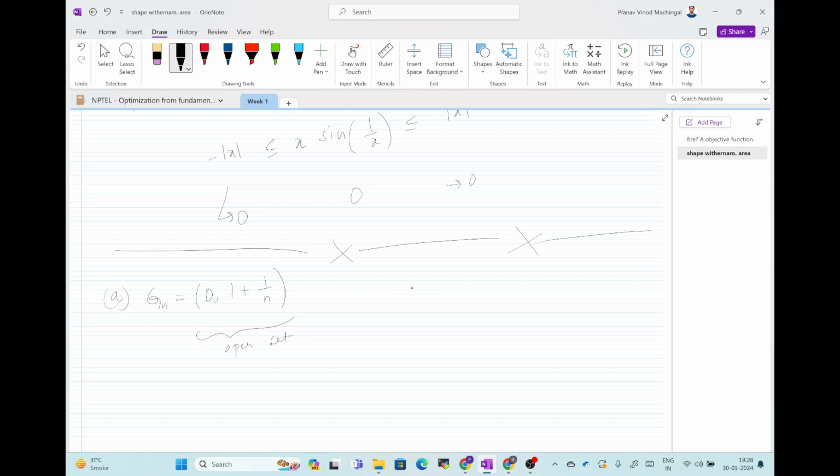So can we say something about the intersection? Will this be an open set?